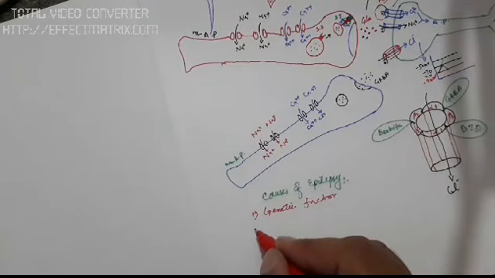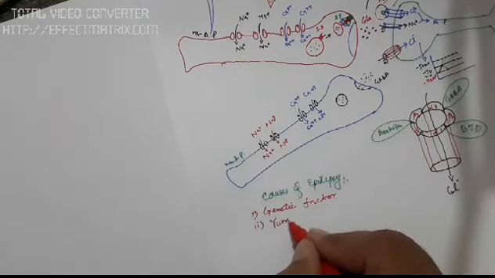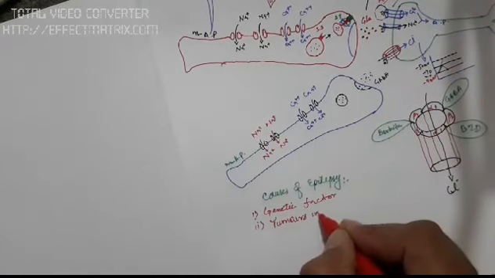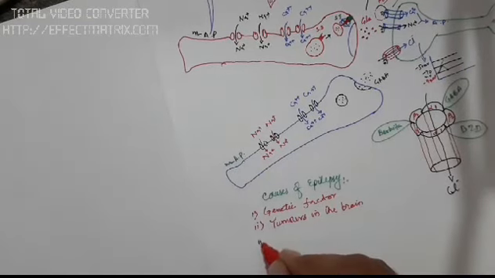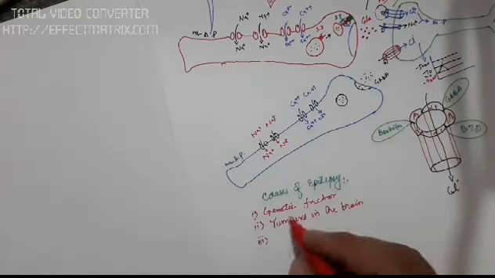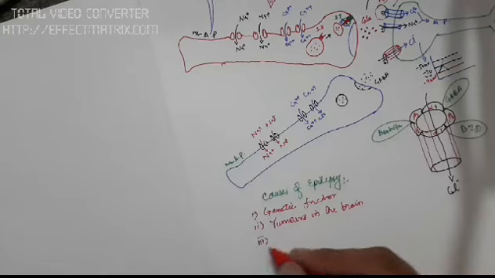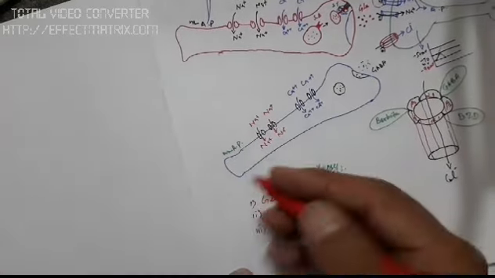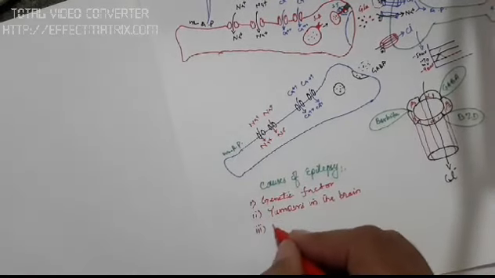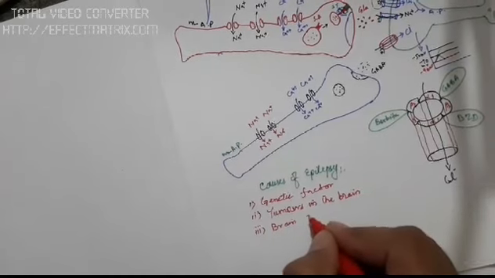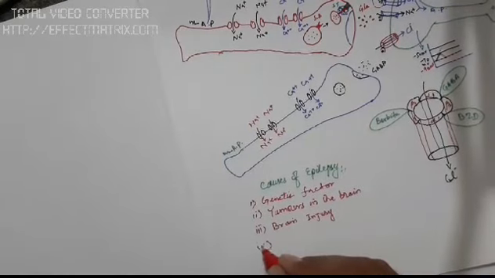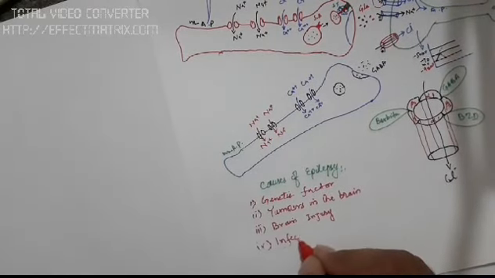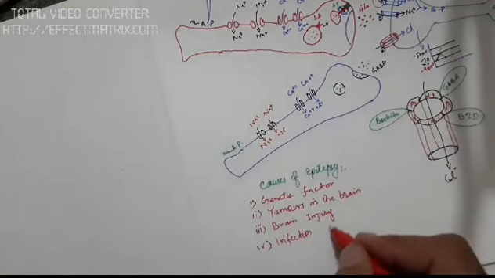Genetic factor is involved in the epilepsy. Second cause is a tumor in the brain. The most dangerous situation. Third cause is the brain injury. Fourth cause may be the infection in the brain.